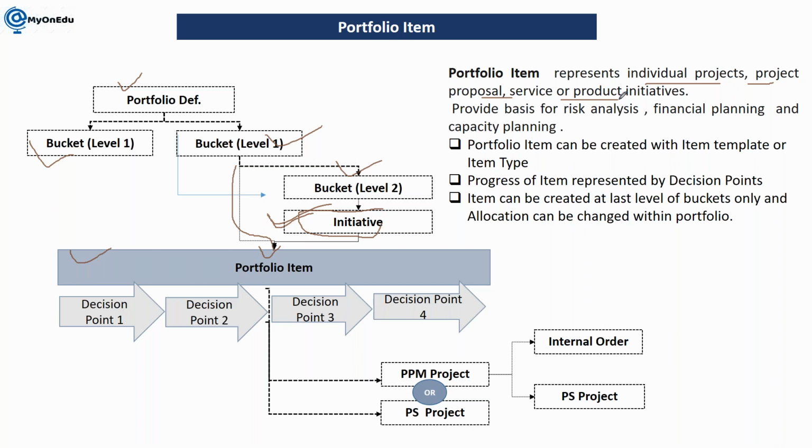You don't want to go through the proposal stages. Whenever the project is awarded to you, or whenever you want to go for any project, you will create that project directly in the system. So you can create an item in the PPM system. Similarly, if you are providing any services or any product, in that case also you can create an item in the system. The item provides the basis for risk analysis, financial planning and capacity planning.